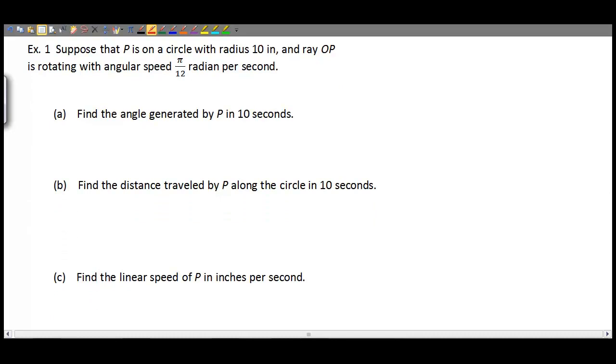Suppose we have P on a circle that has a radius of 10 inches. As P is rotating around the circle, it rotates at an angular speed of pi over 12 radians per second. The very first thing I'm asked to do is find the angle generated by P in 10 seconds.